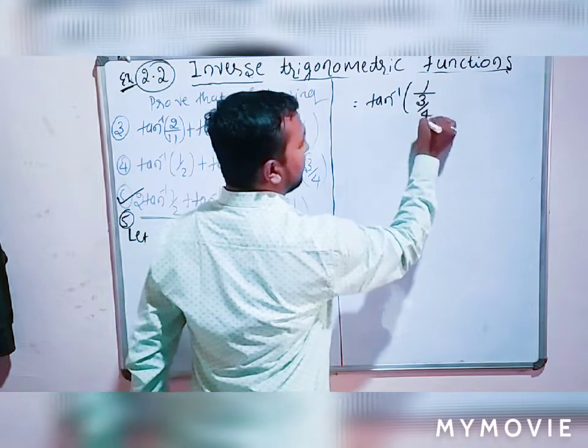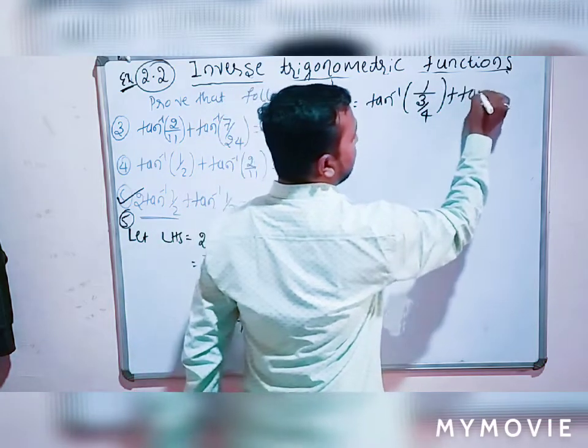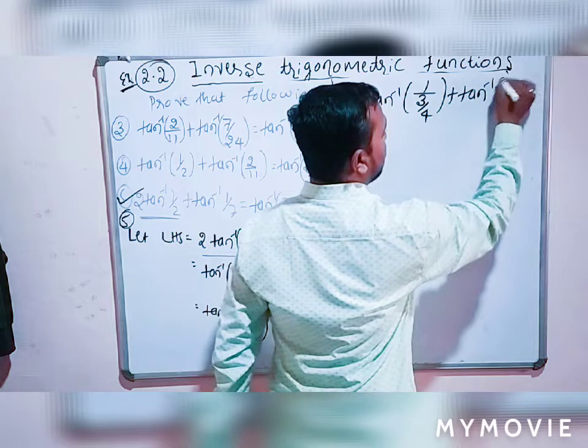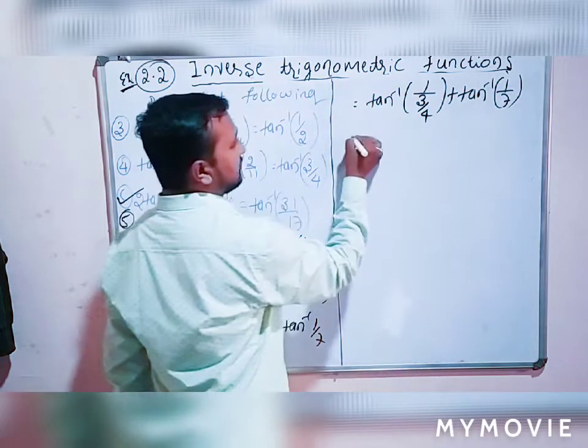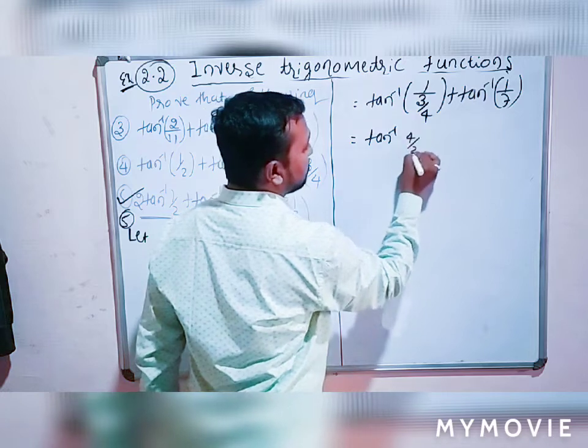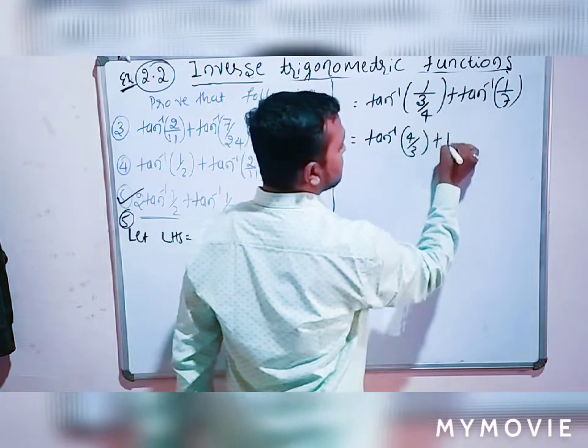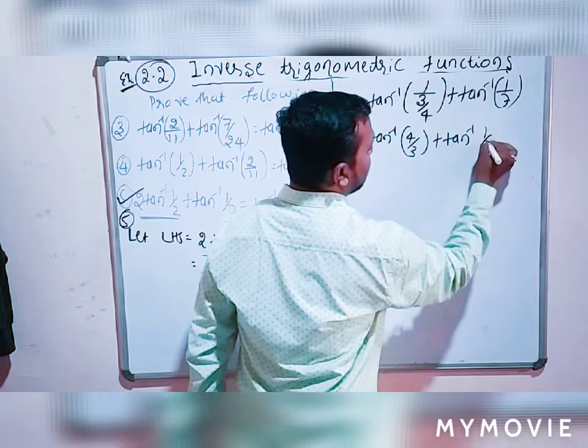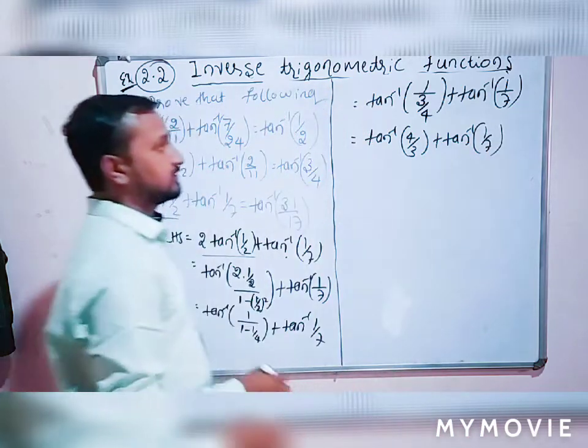So 3 divided by 4 plus tan inverse of 1 divided by 7. So that is equal to tan inverse of the reciprocal of this term. We will get tan inverse of 4 by 3 plus tan inverse of 1 divided by 7.